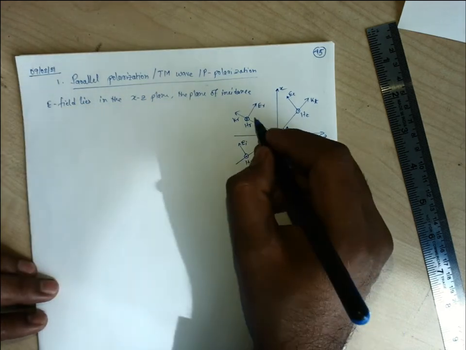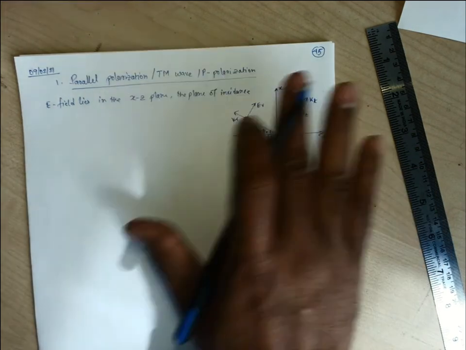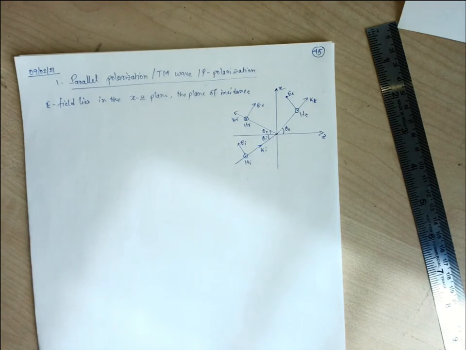So here the electric field completely lies on the xz plane. Lies means they are parallel to this xz plane, the plane of this paper. So we can consider the electric field completely lying on this xz plane, or you can consider that they are parallel to this plane of incidence.